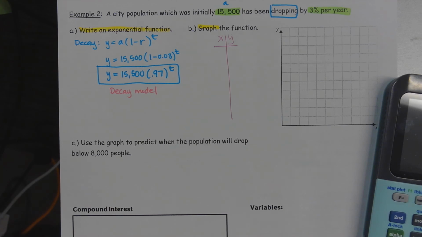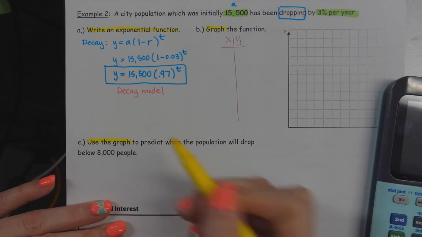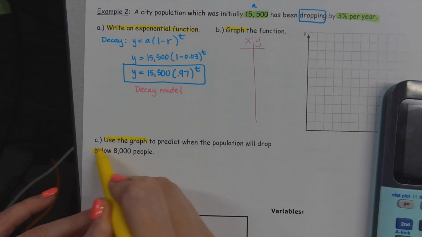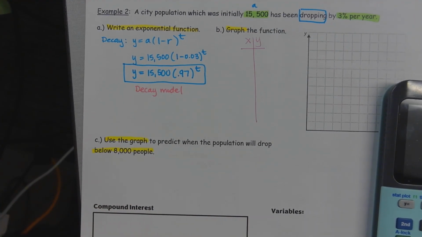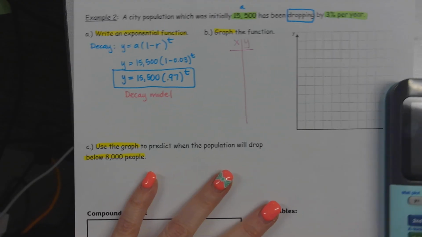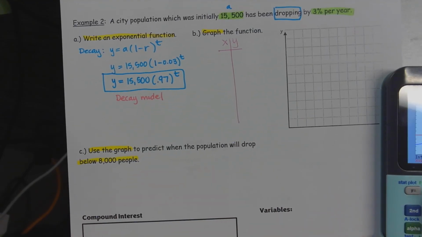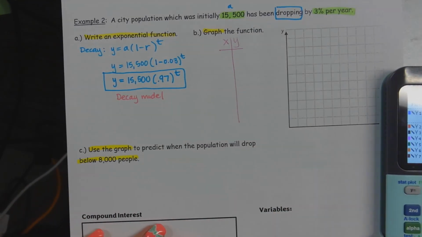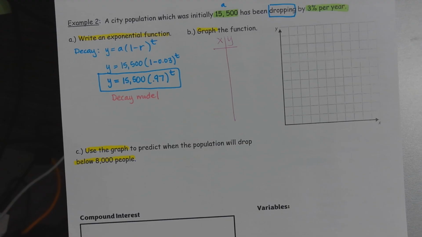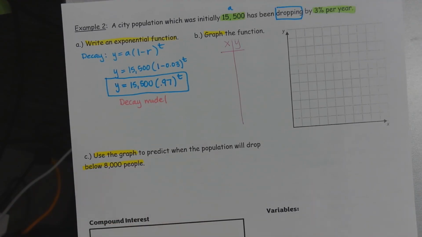So it says to use the graph to predict when the population will drop to below 8,000 people. So as I am filling out my table, I do need to keep in mind that the y values have to go below 8,000, or else I'm not going to see what I need in order to get the correct answer for part C.